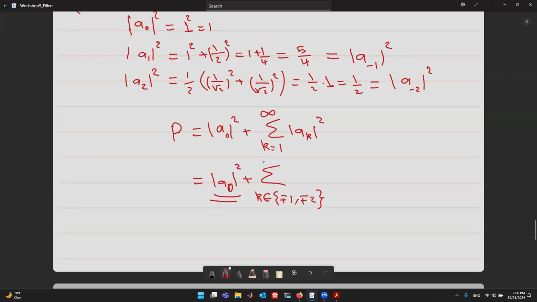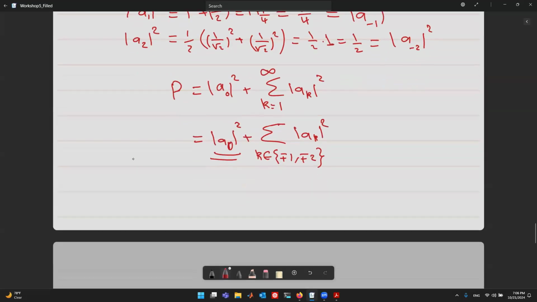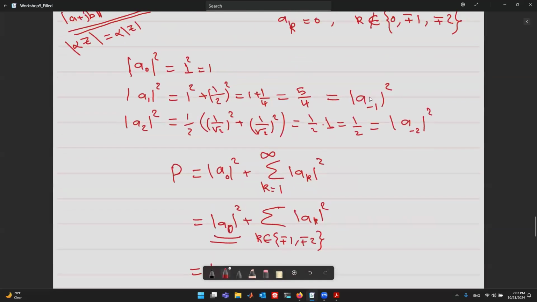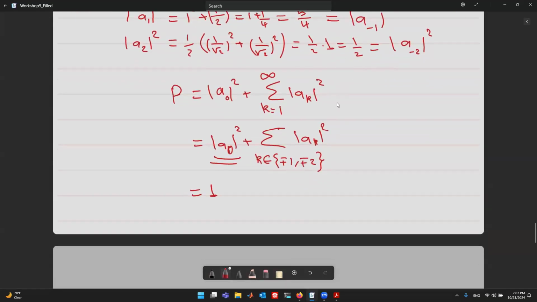We have already taken care of 0. We can combine it with the rest. This summation will be, the first term will be just 1, the second term is 5/4.